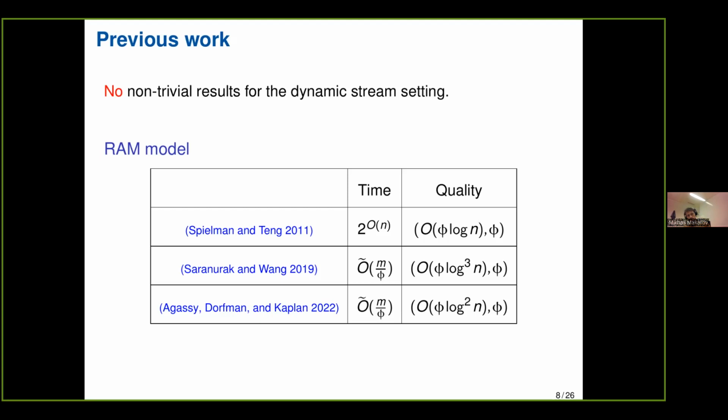I will be skipping a little bit of the subsequent works. Chuzhoy and Wang showed that in linear time, one can achieve a trade-off between epsilon and phi that is worse than the best possible only by logarithm square of n. And this result was recently improved by Agassy, Dorfman, and Kaplan to have only logarithm of n overhead over the best possible trade-off.